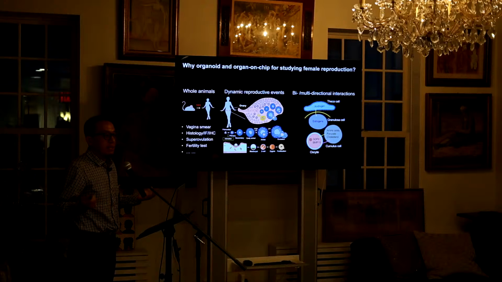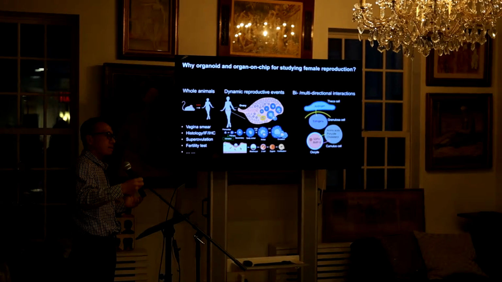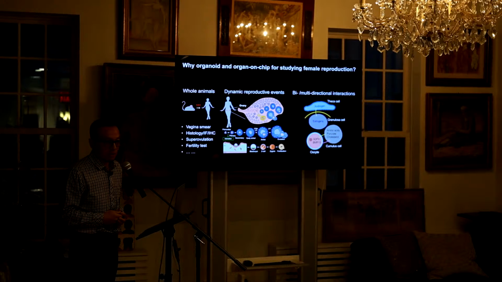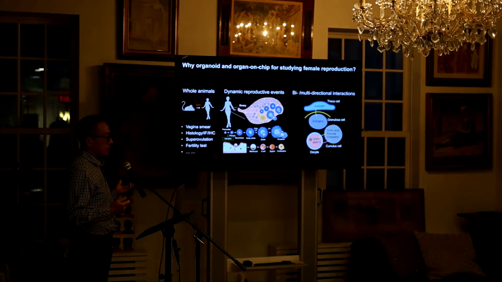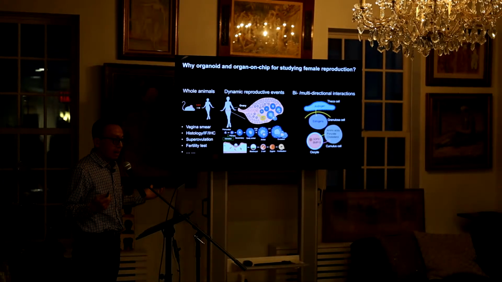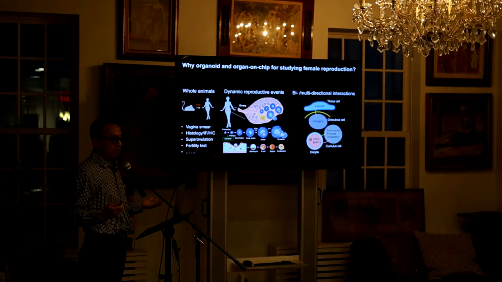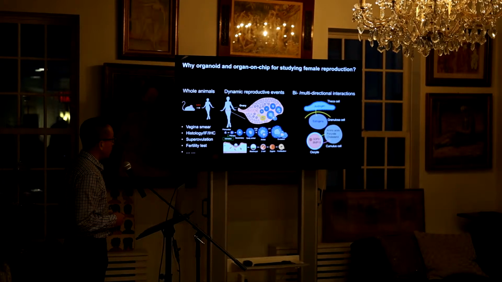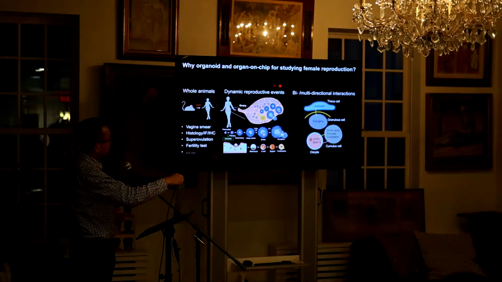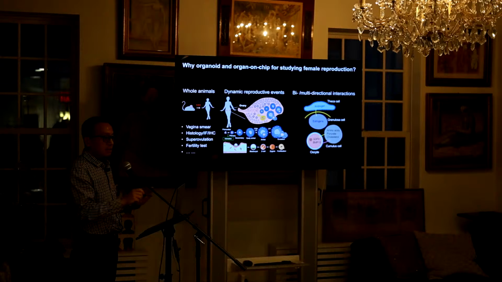Overall, in vivo, it takes more than 200 days for a primordial follicle to go through the whole process and then become ready for ovulation. So can you imagine if we can culture any cell on a dish for 200 days, whether that is possible? And hormone secretion, ovulation, and those processes are also pretty dynamic.